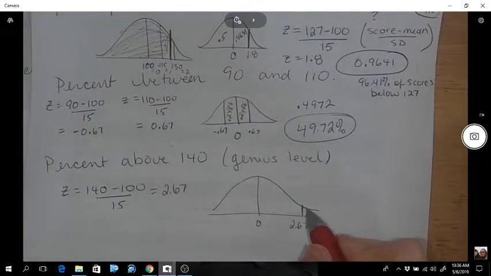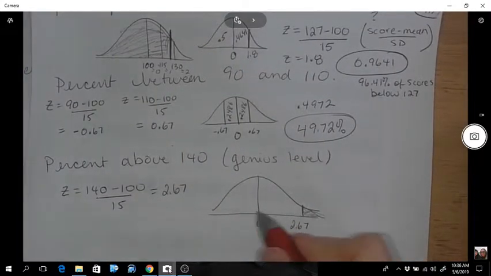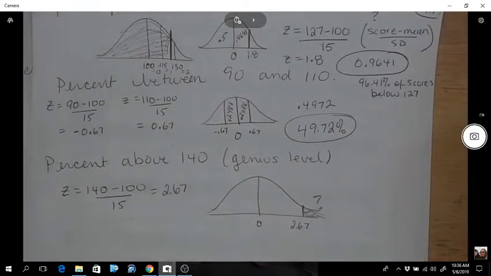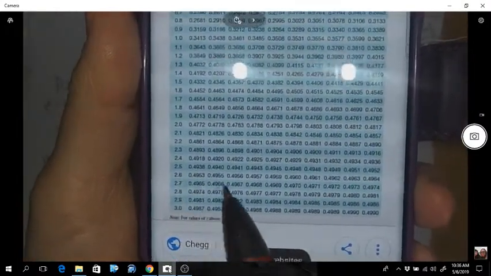This time it's saying above you, so that's what we're looking for. There's not much above that, right? Because this is a 3. So we're going to look up the Z-score of 2.67. So 2.6, and then we go across to the 7, 0.4962.